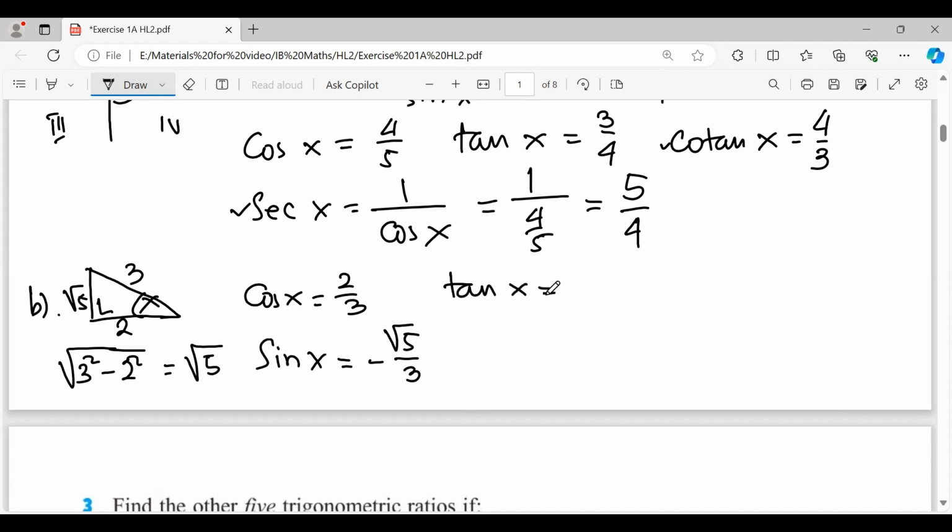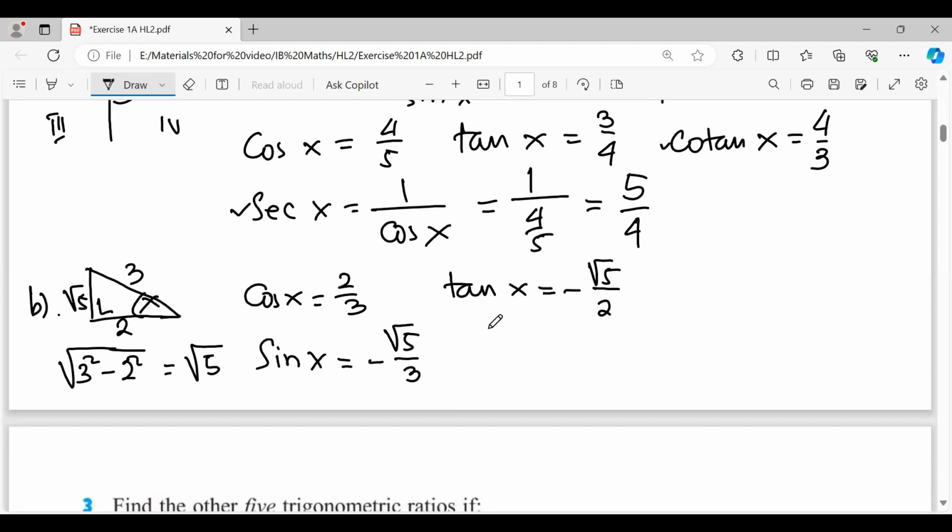About tangent. Tangent as well is negative, because sine is negative. So tangent is negative. It's this side over this side, opposite of x over adjacent of x. So tangent is negative root 5/2.